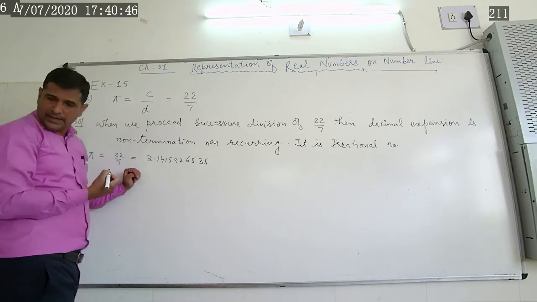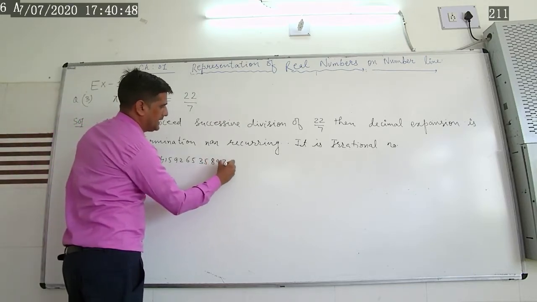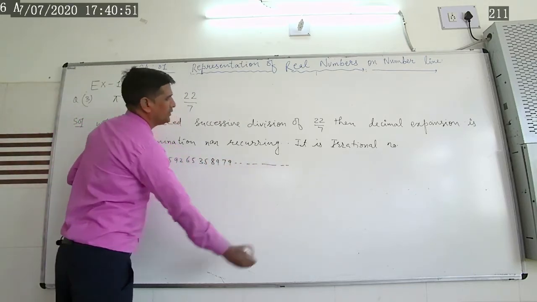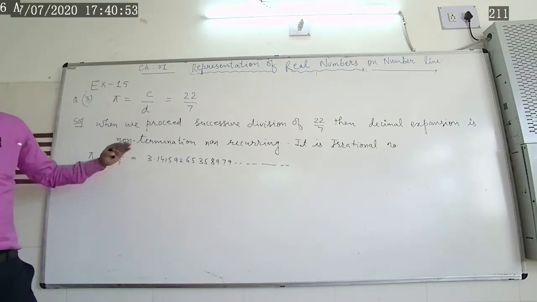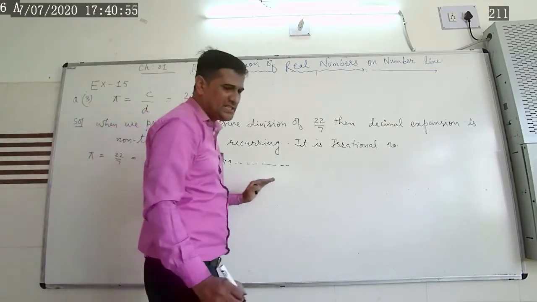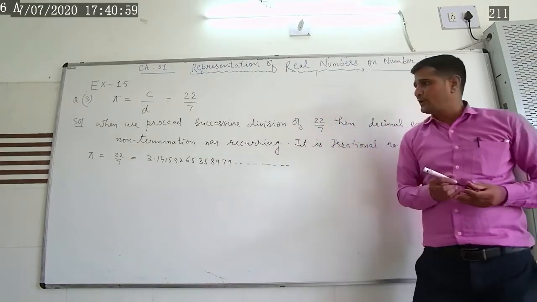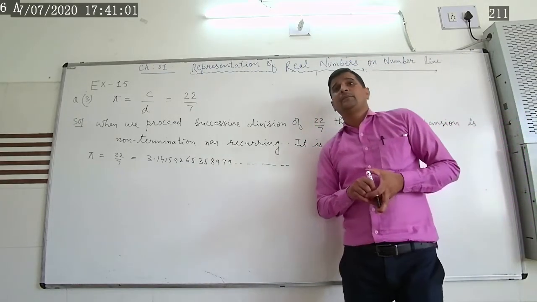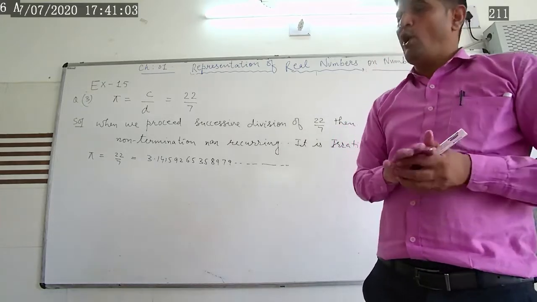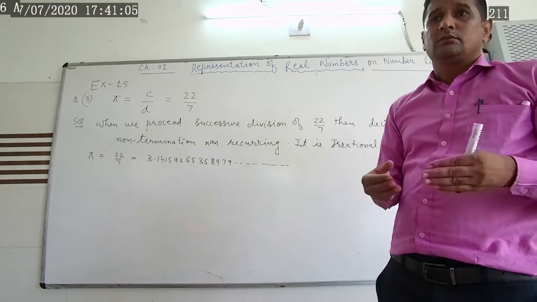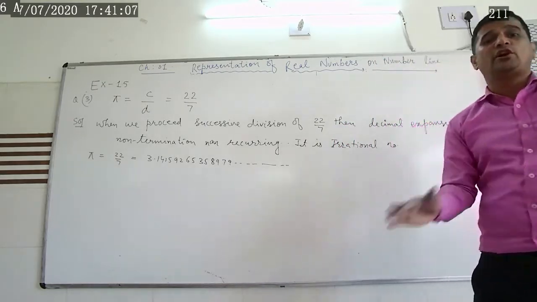3.14159265358979 and so on, millions, billions of times. If we see the decimal expansion of 22 by 7, then none of the blocks will fit.